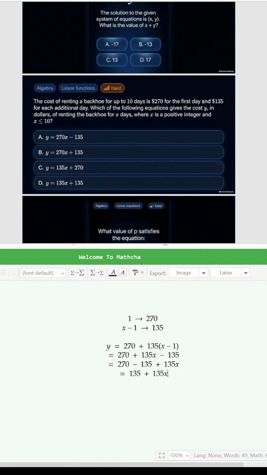So in our options, this expression matches with option D. So it will be y is equal to 135x plus 135. That is the option number D. So that will be the correct answer. Okay, so that is done. Now we'll go to the next question.